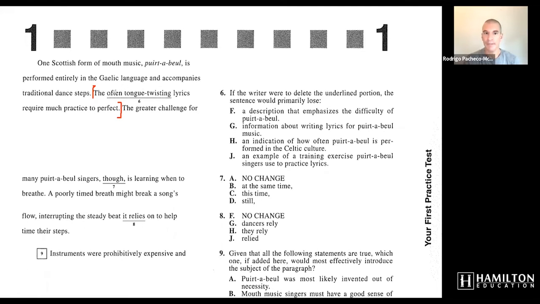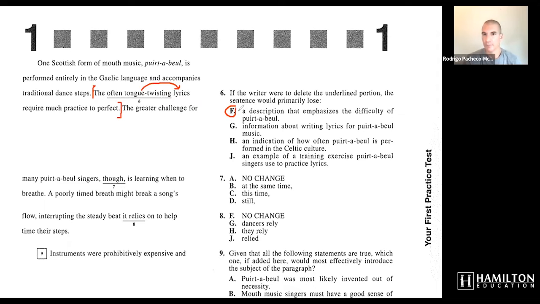And if we examine what these elements are doing, we see that they are modifying lyrics. So they are telling us something about these lyrics. And to describe the lyrics as often tongue twisting suggests that they are difficult. Because a tongue twister is something that is very difficult. It is challenging. And so to describe the lyrics as often tongue twisting suggests that this is pretty hard. So this is why F is our correct answer.